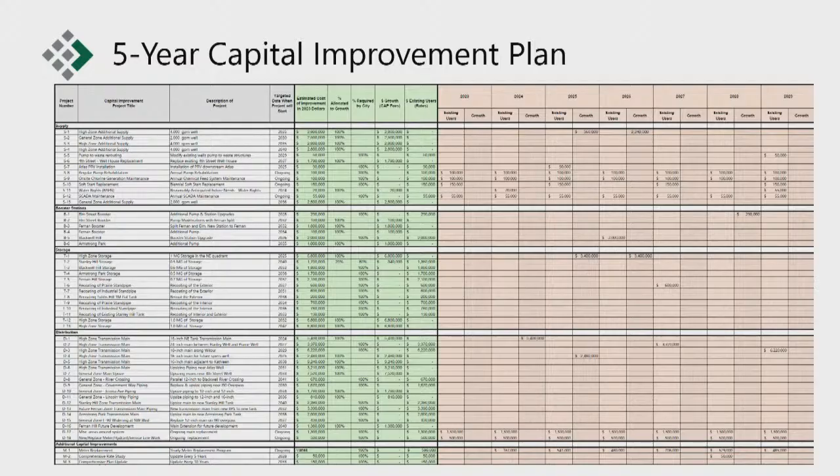Going back to the 5-year plan, everything is broken down into supply needs, booster station replacements and years they need to be removed or updated, storage tanks that need to be repaired or maintained on a routine schedule, distribution system areas where transmission mains may need to be installed, and then at the bottom you have capital improvement projects that were needed in those specific years on a 5-year plan.